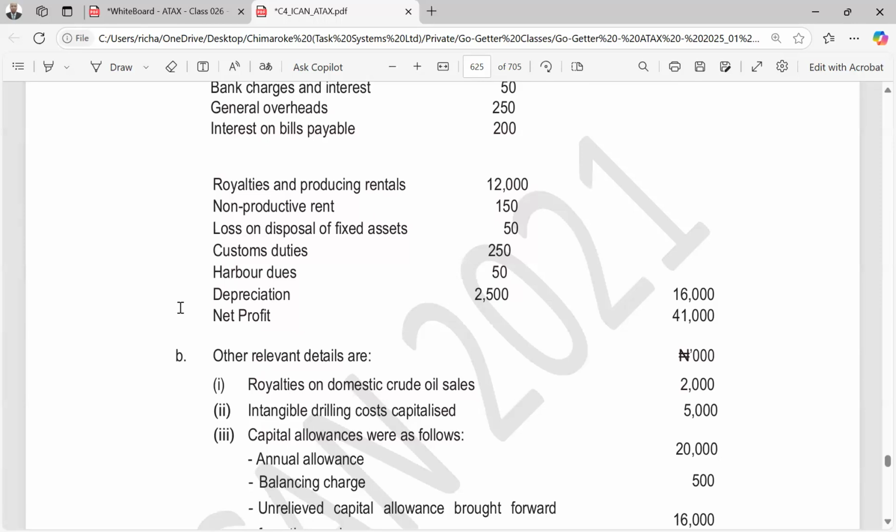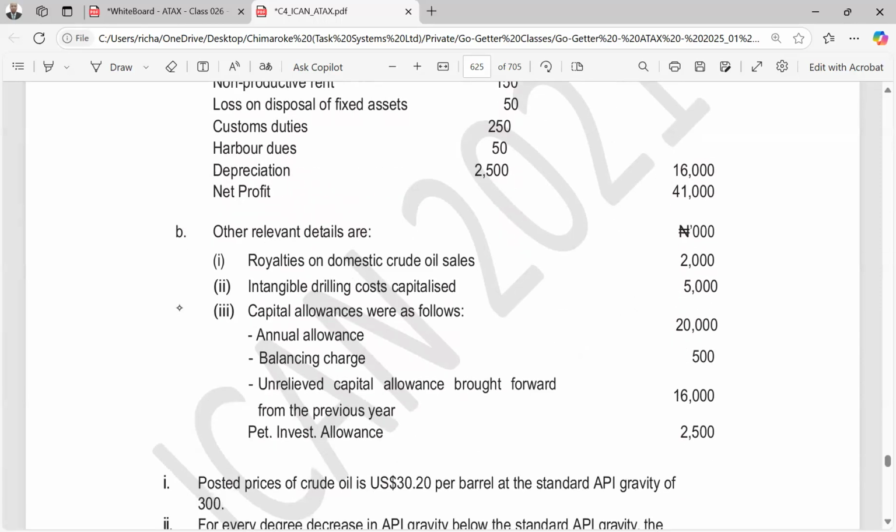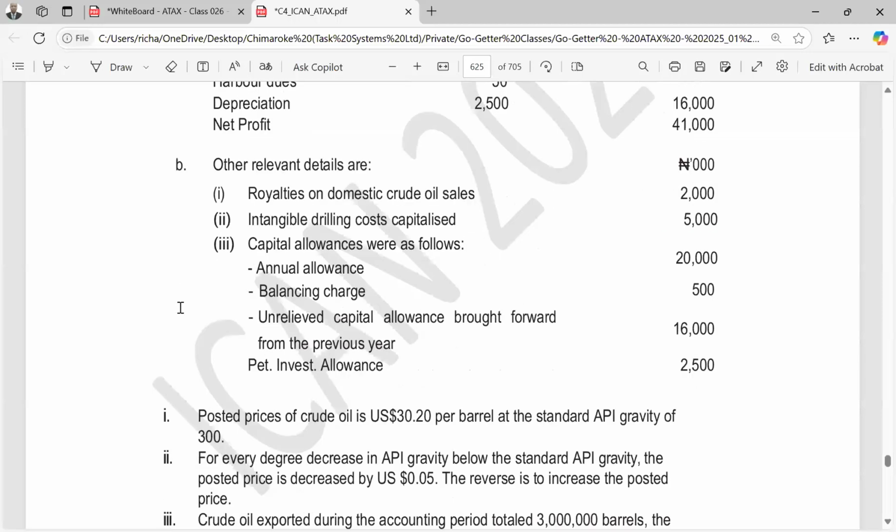Royalties on domestic crude oil, intangible drilling costs capitalized, capital allowances, and we now have here posted prices of crude oil is $30.20 per barrel at the standard API gravity of 300.